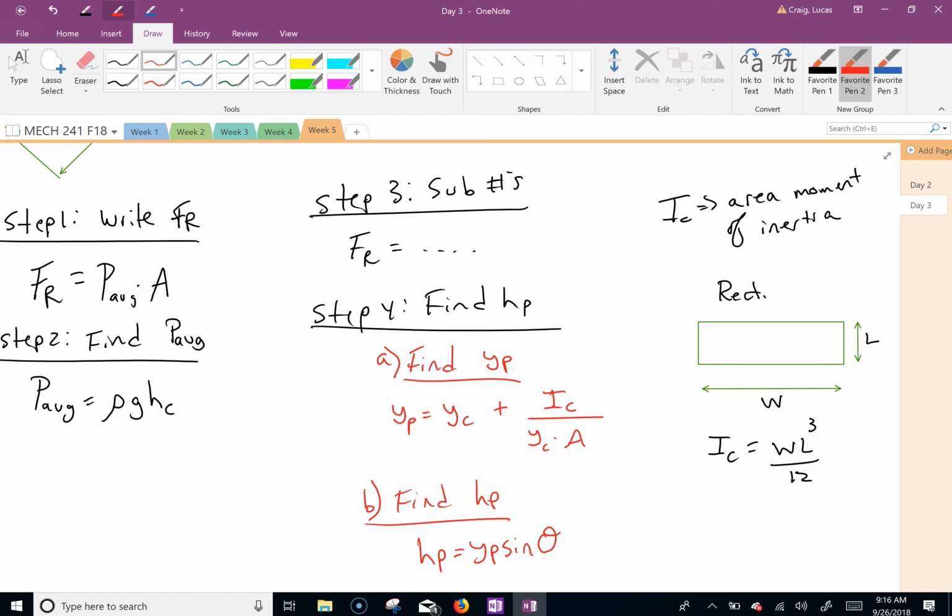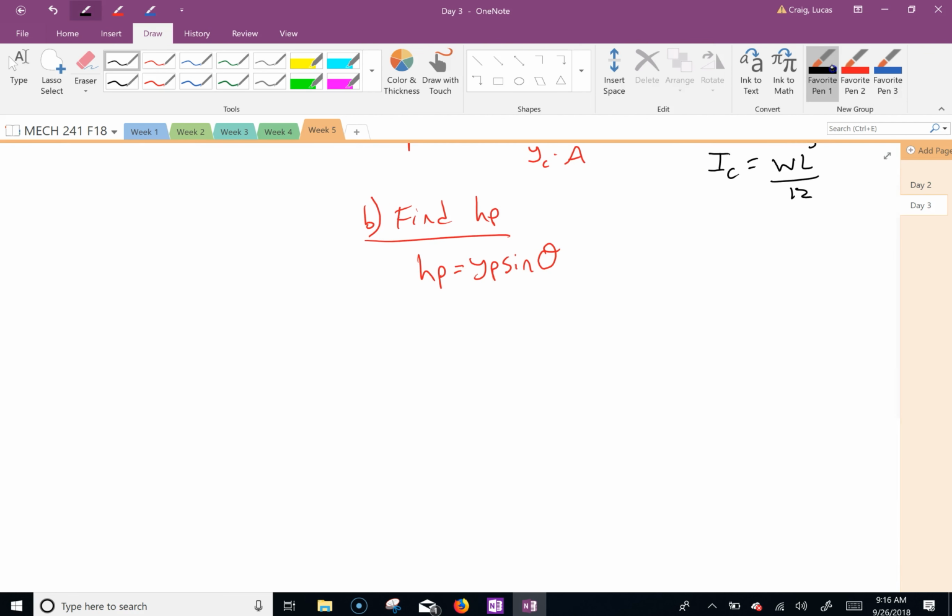So let's have a practice of numbers in your notes. So given, we have a dam that's 30.5 meters long, so it's the width.